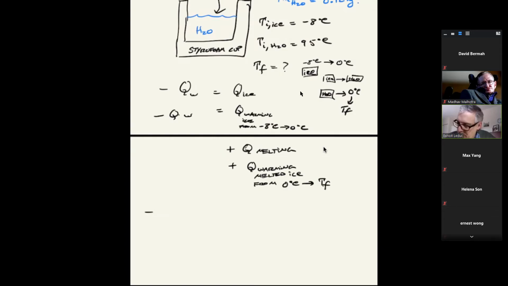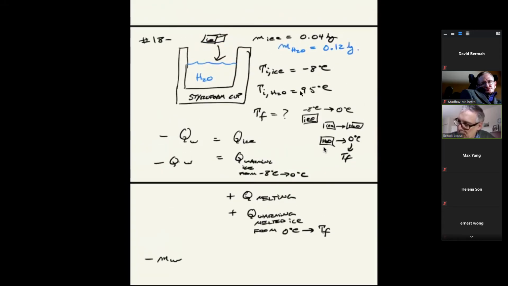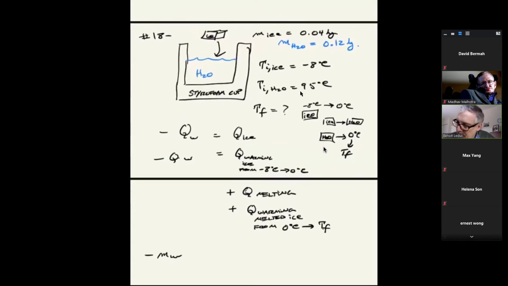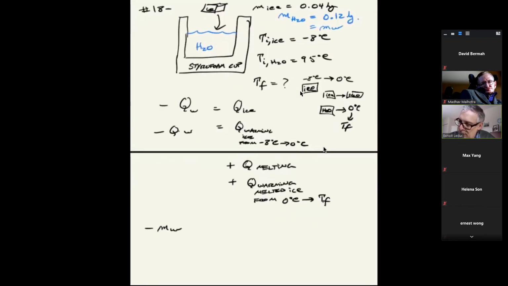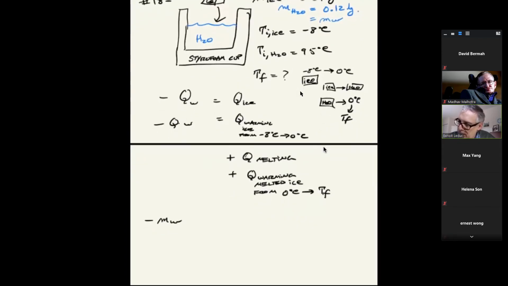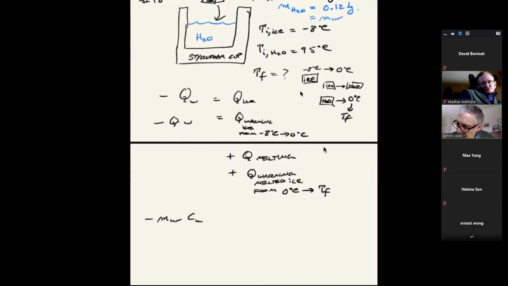So here it's going to be the mass of the water times the heat capacity of the water times delta T, so TF minus the initial temperature of the water.